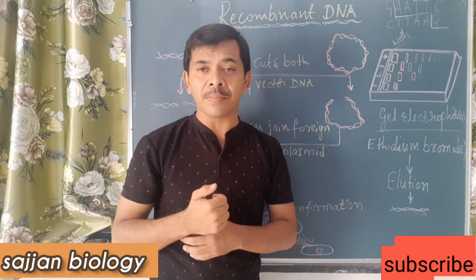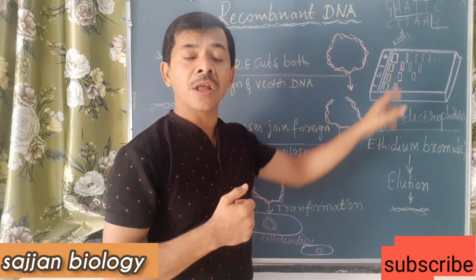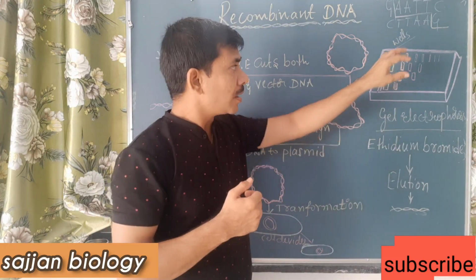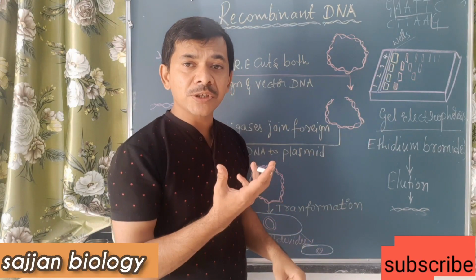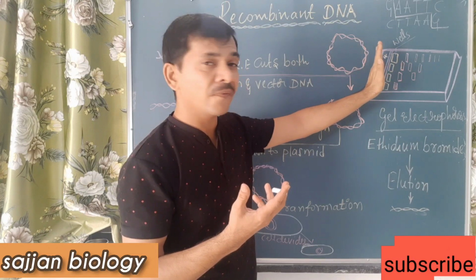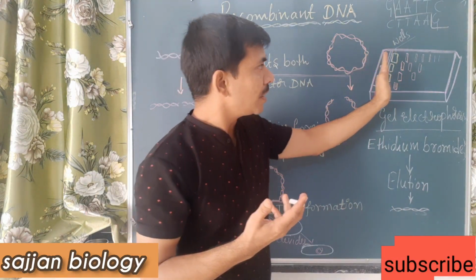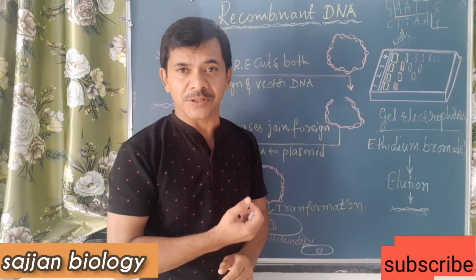and those fragments are collected in a micropipette and introduced into the wells of the gel electrophoretic slab. The DNA fragments in the well are negatively charged particles, and we force them to move towards the anode by providing an electrical flux.